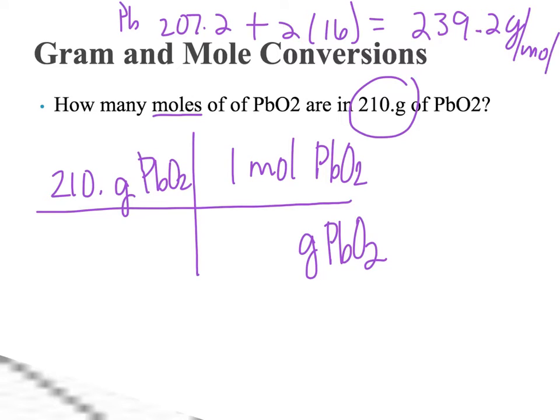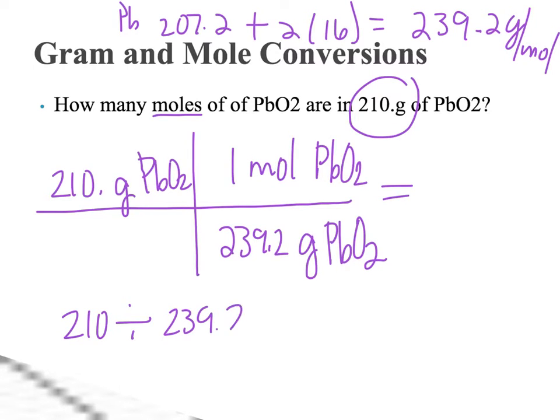So now we'll plug that into our problem. So the 239.2 goes on the bottom, and now we have a number on the top, a number on the bottom, so that means we need to divide. So we would take 210 divided by the 239.2, and when we do that, we should get 0.878 moles of lead oxide.